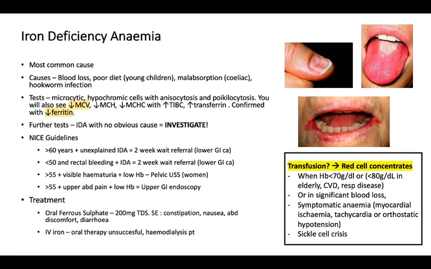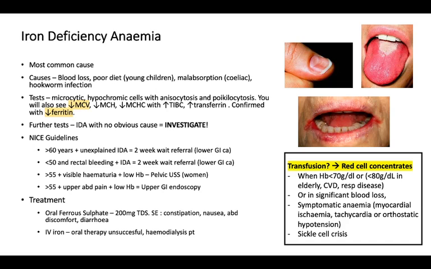So you've now decided that your patient has an iron deficiency anemia. What would you do next? So firstly, you want to find out what's causing the iron deficiency. If there is no obvious cause, then this is an indication for you to investigate further.